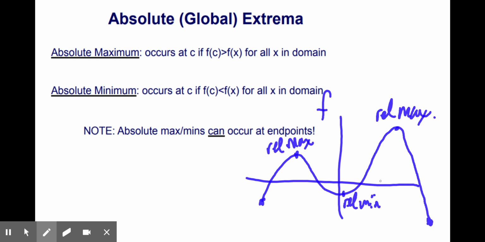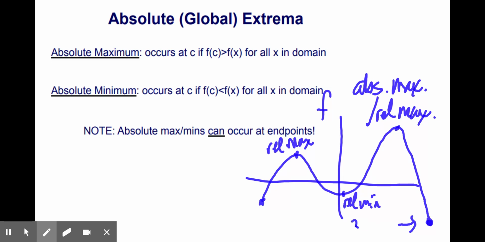So this point is the relative max, but it's also the absolute max. It is the highest y value on this graph of f of x. This point happens to be the endpoint. It's not a relative min, because I don't know what happens after it.